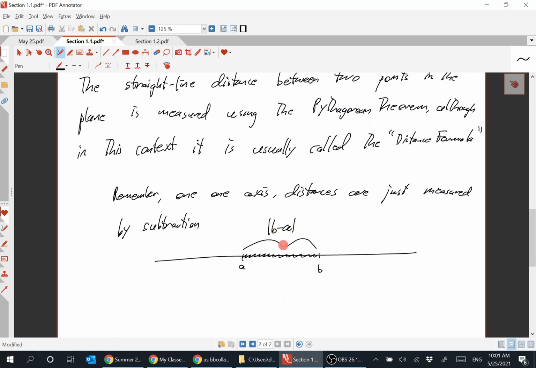So this is B minus A, absolute value, because you want to take the positive value here. Remember, the difference between A minus B and B minus A is that they're negatives of each other, like 3 minus 5 is negative 2, 5 minus 3 is 2. But when you're talking about distance, you always want the positive value, so you stick the absolute value sign around it.